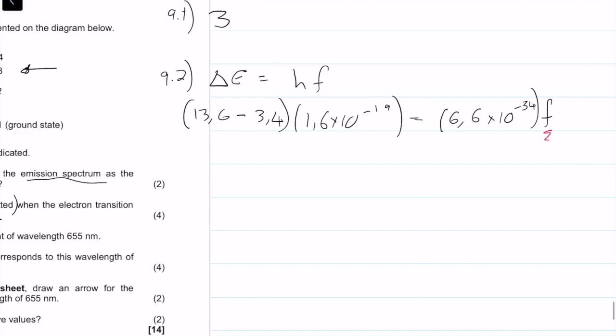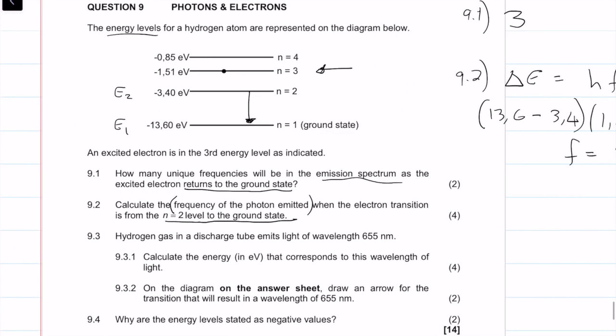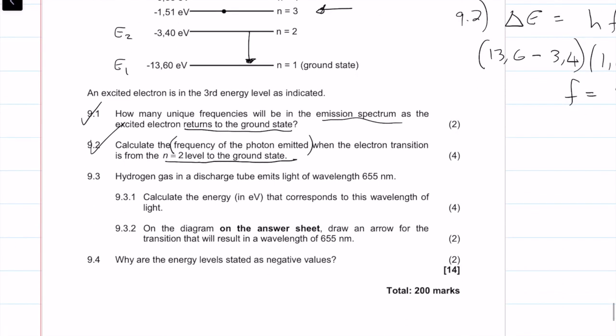The only unknown here is f, so we can solve for f, which is equal to 2.47 times 10 to the 15 hertz. And we get 4 marks there.